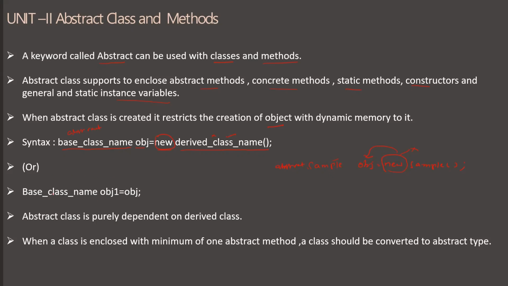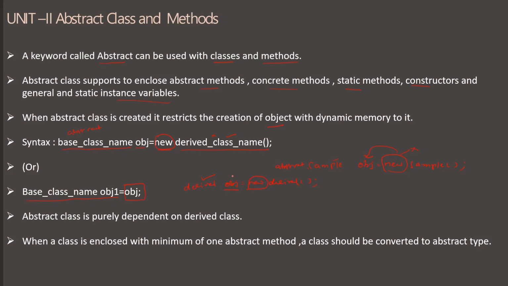One more way of creating the object is base class name obj1 equals obj. So what is this obj? It's an object which is created for the derived class. Let us suppose I have a derived class, Derived obj equals new Derived. This derived class is not the abstract class, so I can create the object with the new keyword.